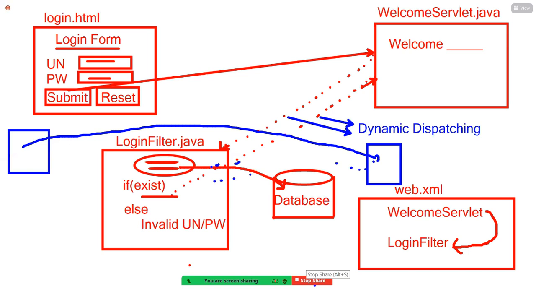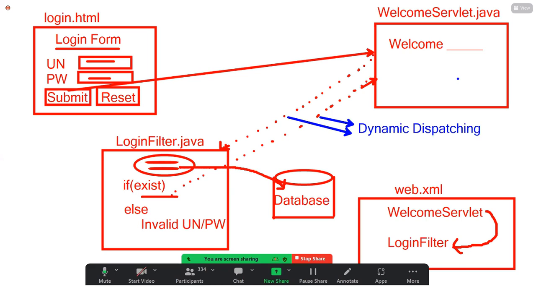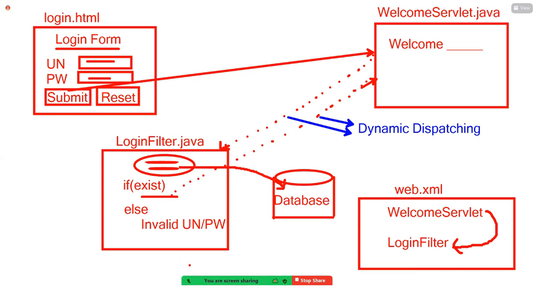Now this filter is not specific to this servlet. This filter can be applied to other servlets also. So actually this is a request, this is a response, and in between a filter is inserted.